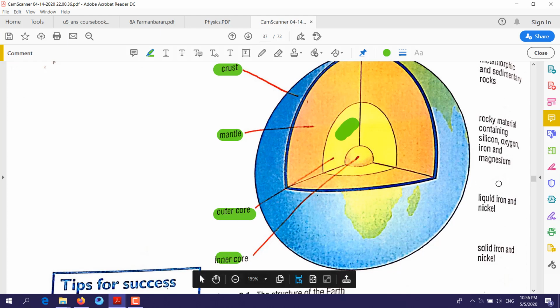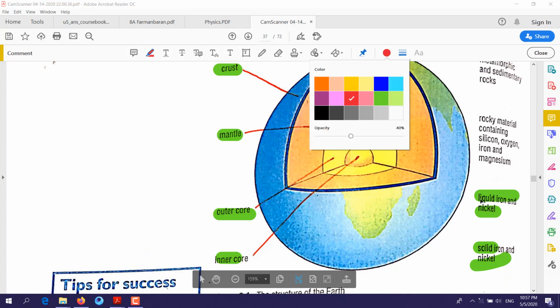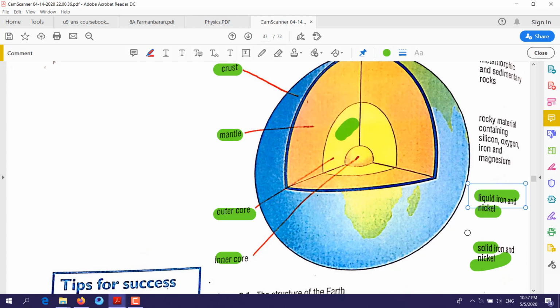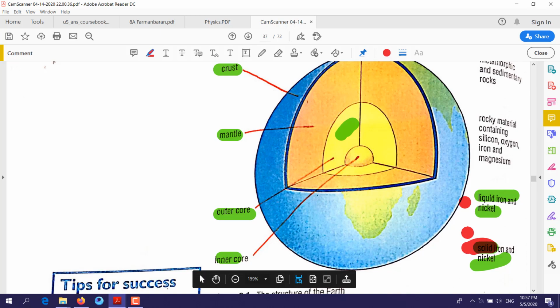They contain the same materials, but in the outer core, it contains liquid iron and nickel, while the inner core contains solid iron and nickel. Okay, focus on the difference here. Here it's liquid, and here it is solid.